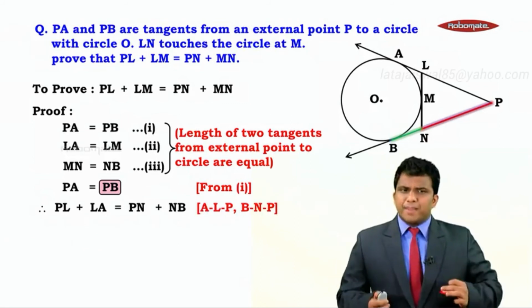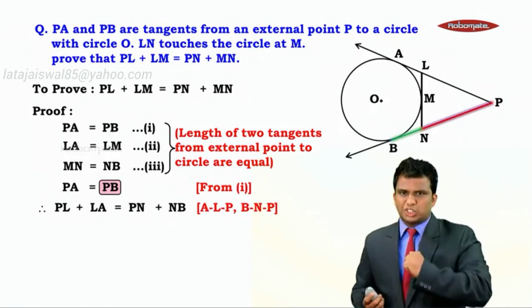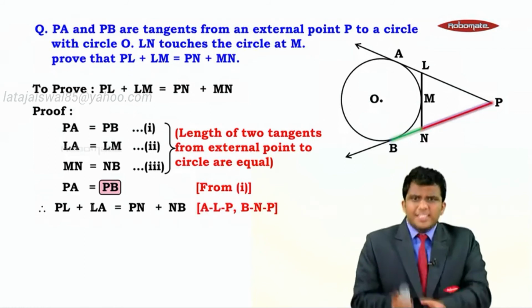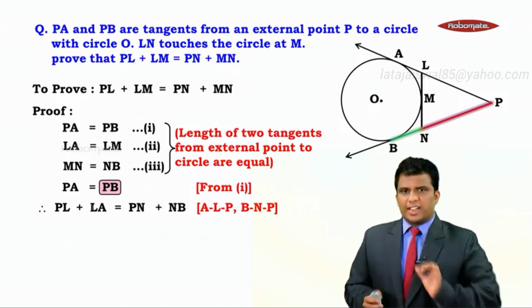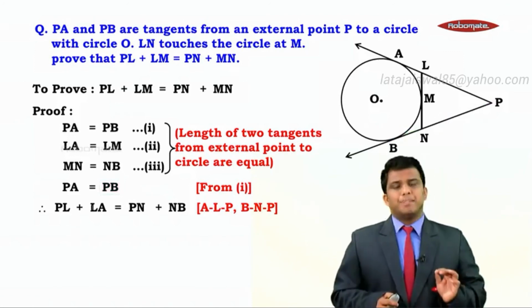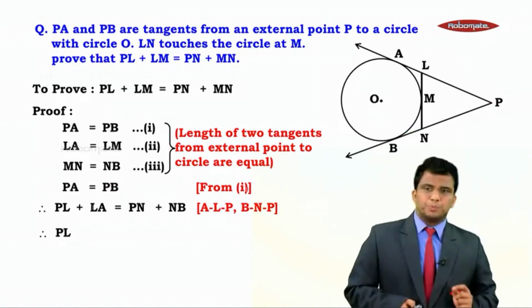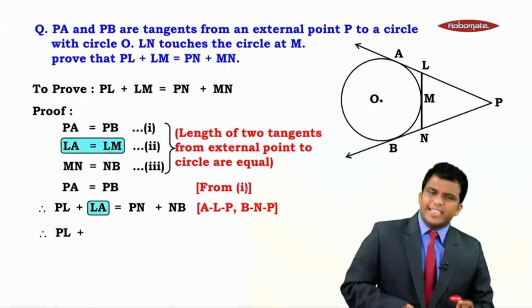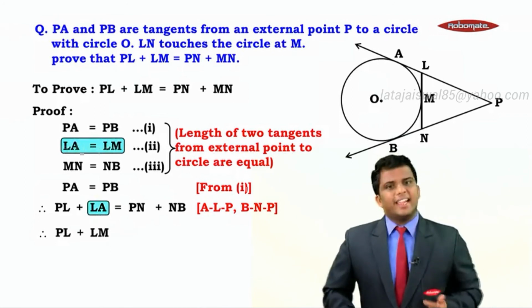Now if we compare this with what we need in the question, we can see we want PL, we want plus, we want an equal to sign, we want PN, we want plus again. But we don't want LA and we don't want NB. Now children, if you look at result number 2, LA is equal to LM. That means we can easily replace LA as LM.